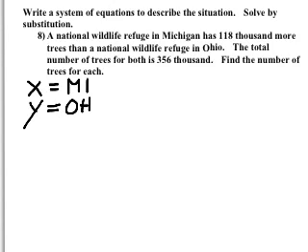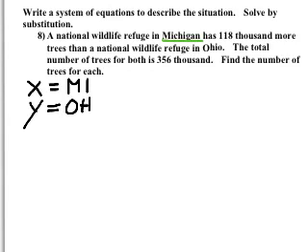Okay, so let's read our first sentence. It says, National Wildlife Refuge in Michigan has 118,000 more trees than a National Wildlife Refuge in Ohio. First thing to figure out is which one's more. Michigan has 118,000 more. Okay? So it can't be Michigan plus 118,000, right?